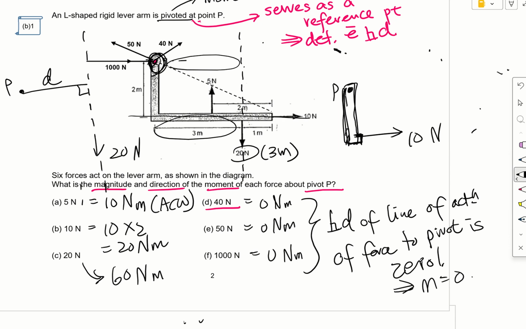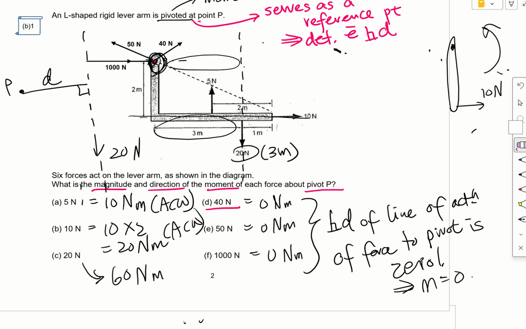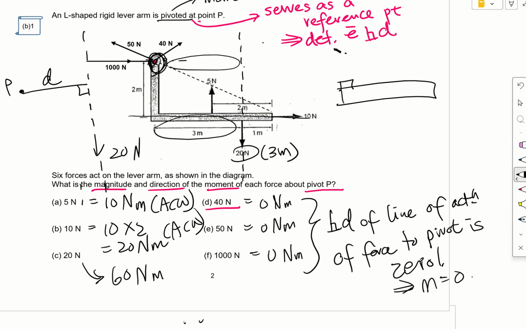So it's as if I can hold my pen here, and I apply a 10 Newton force here. If you apply the force below the pivot and going to the right, it will be going in an anti-clockwise direction. Finally, for the 20 Newton, I will take my pen and hold it at the end on the left hand side, according to the diagram, according to the question.